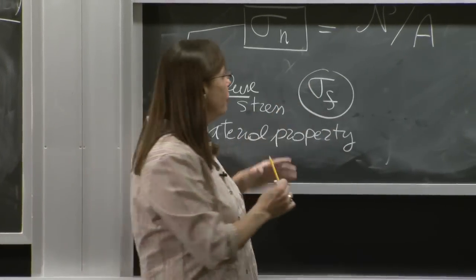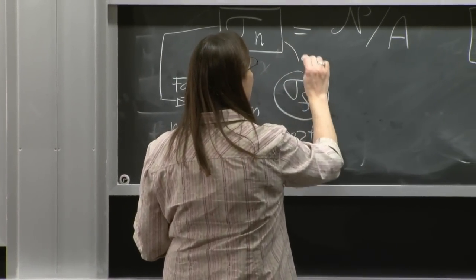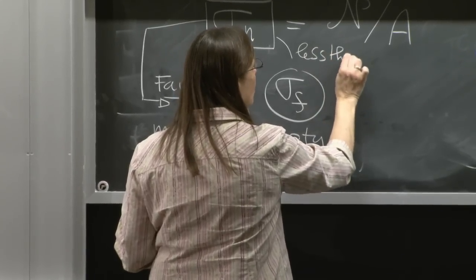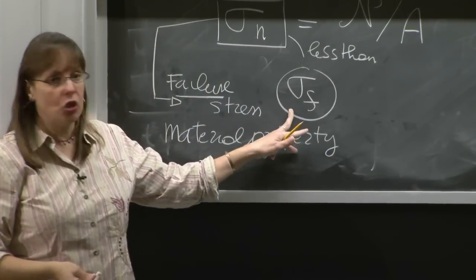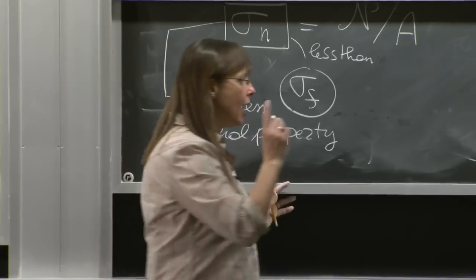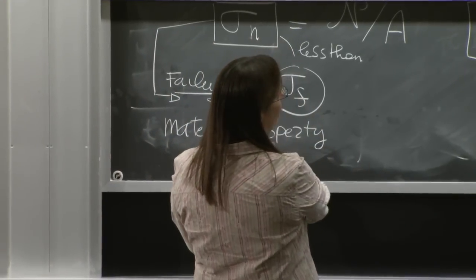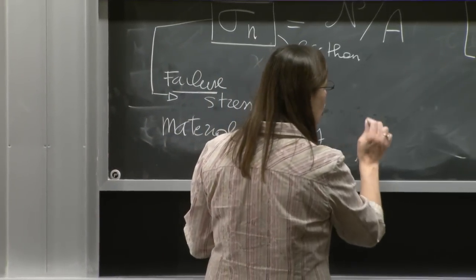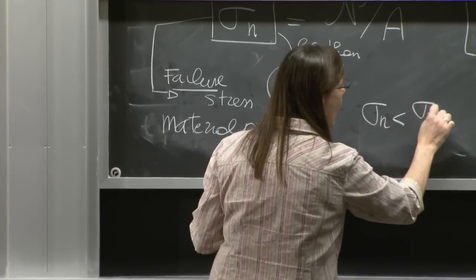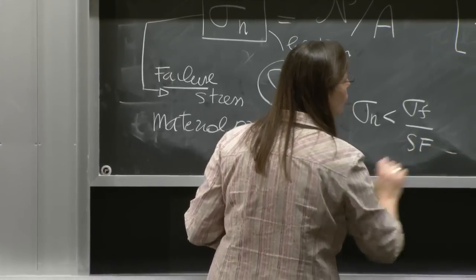I don't want to do that, right? So to be safe, typically you want to have sigma n less than sigma f. You do not want to have sigma n bigger than sigma f. And typically, if you want to prevent failure, you typically want sigma n less than sigma f divided by some safety factor.